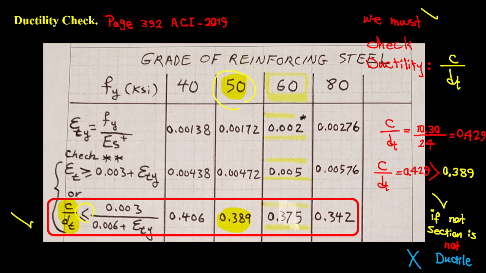Our c, 10.30, is the neutral axis, and d for our section is the effective depth. Then you can easily see it's smaller than the limit, so the section is ductile. If it's not ductile, you have to redesign the section. Thank you.